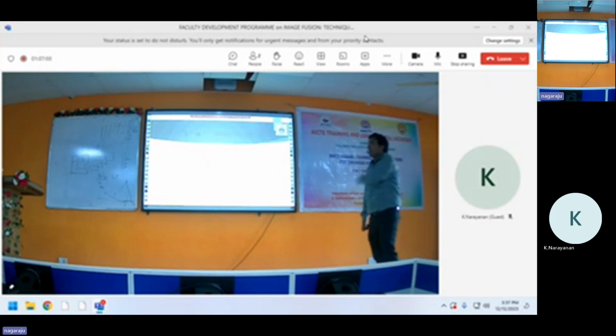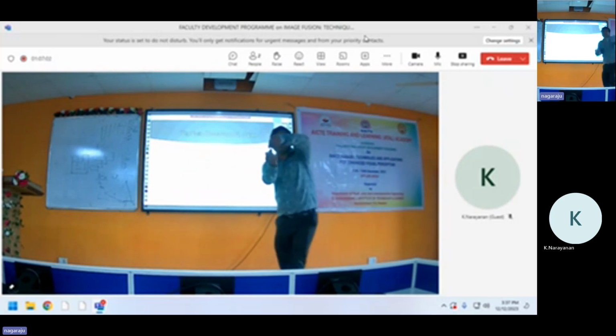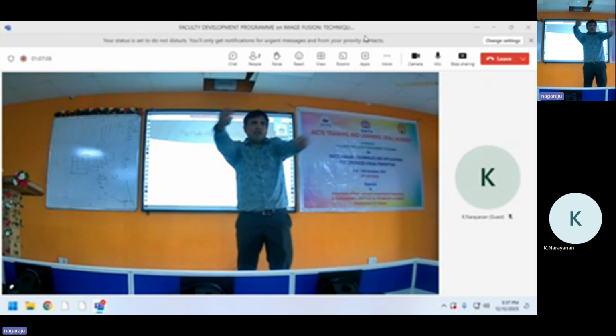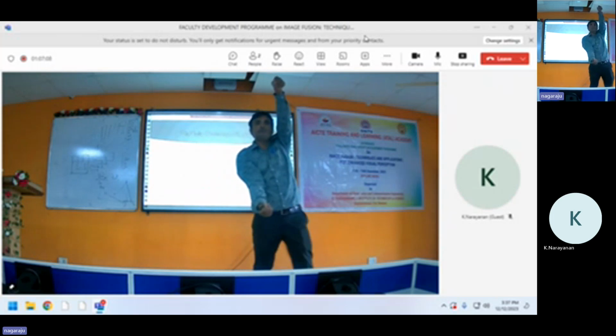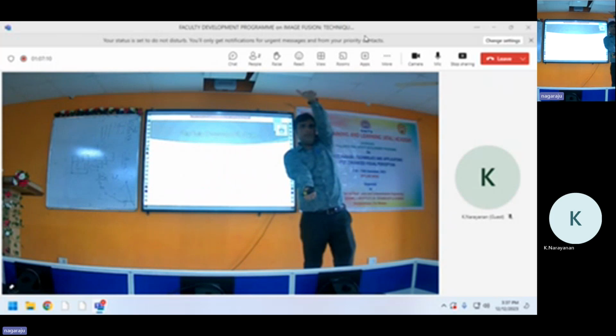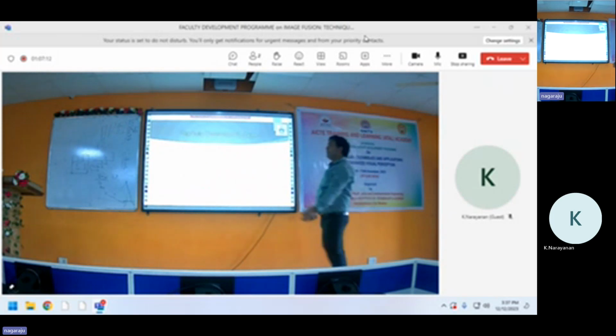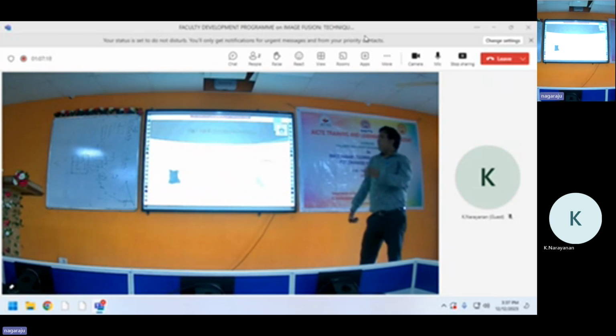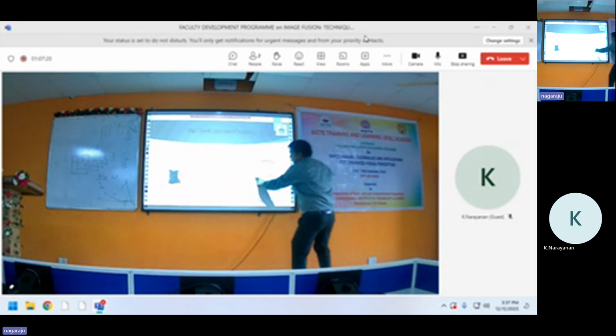Now finally the fully connected layer. Fully connected layer means a single node. Multiple values, parallel values, will become series values. So fully connected layer means a simple neural network, ANN. So all layers will be fully connected. This is called fully connected.